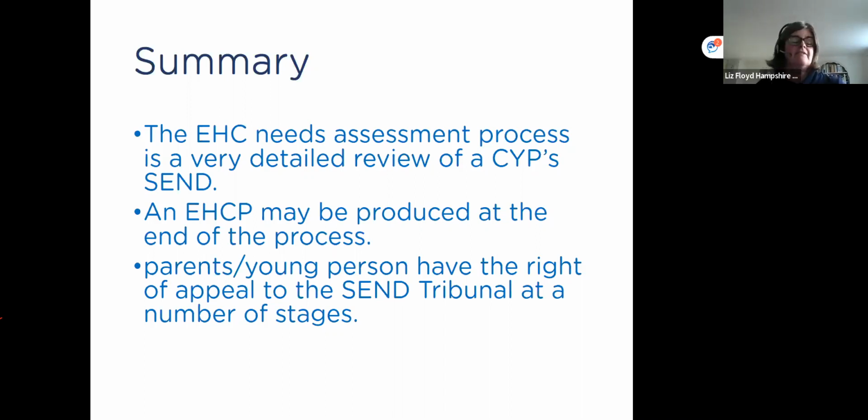So if they decide not to do an assessment, you can appeal that. If they decide to not issue a plan, you can appeal that. And if you're not happy with the plan, you can appeal that. Okay, and I would suggest, if you're not sure, call Hampshire SENDIASS. That's what I would say.